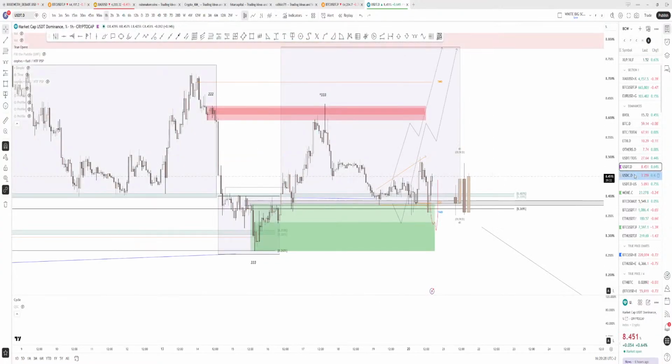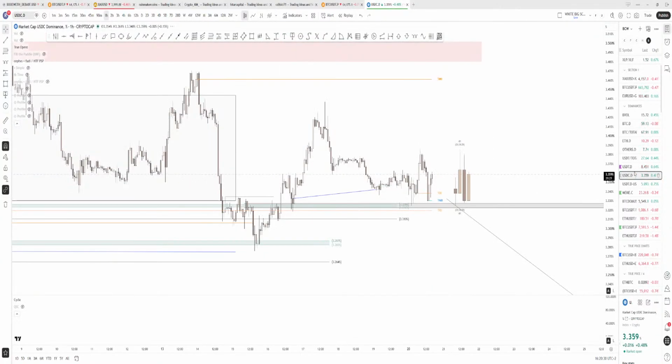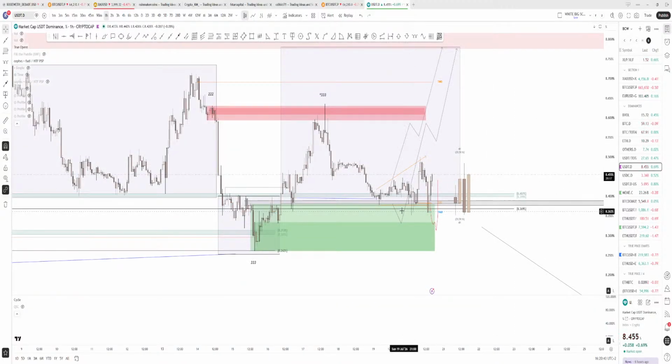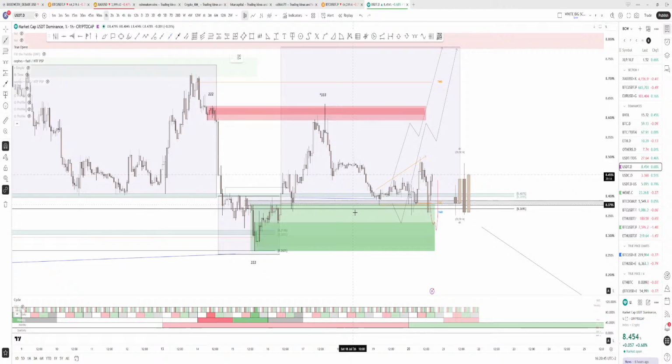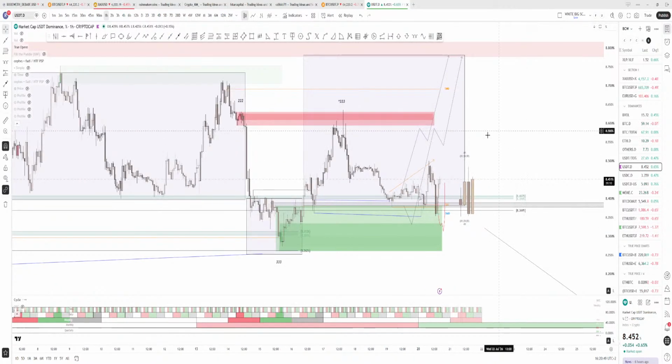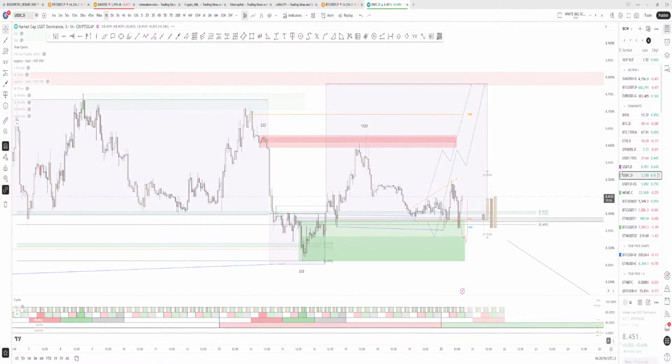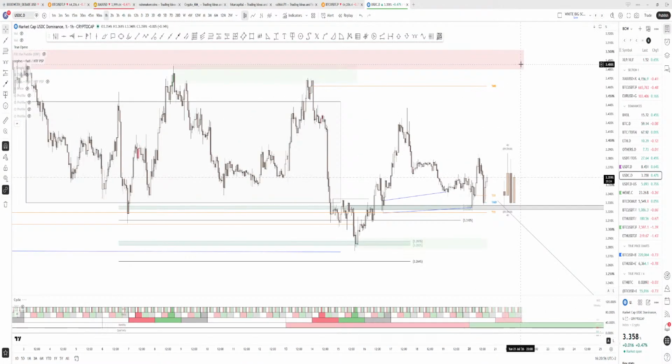Yeah, I think I did. And there's this level here, which is also a support. So yeah, I'm pretty bearish right now for short term. I think we are going to see this level here, 8.8% on USDT, possibly on USDC 3.5.